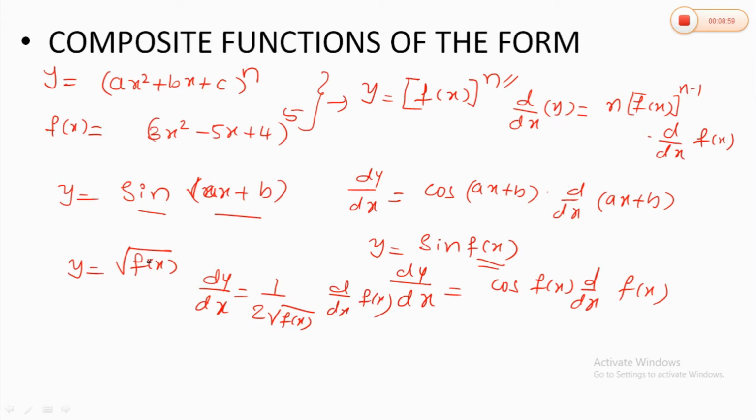Root means first we come across the root, then the function. The function inside the root may be any type of composite function. So dy by dx of root f(x) is equal to 1 upon 2 root f(x) times dy by dx of f(x).